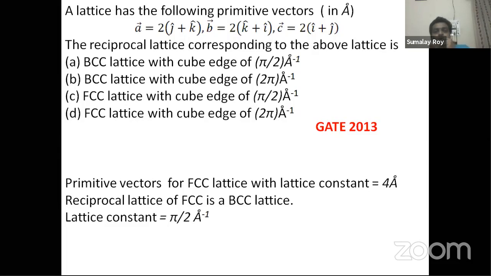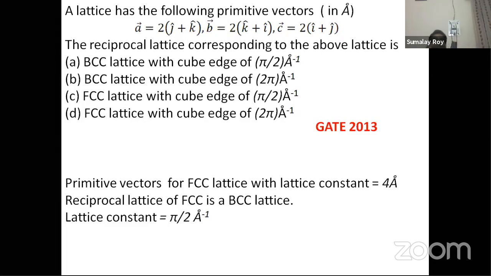Can you tell me what the lattice constant is? Can you identify it from A equal to 2J plus K, B equal to? It's very easy. I am asking what the lattice constant of the FCC lattice in real space is.